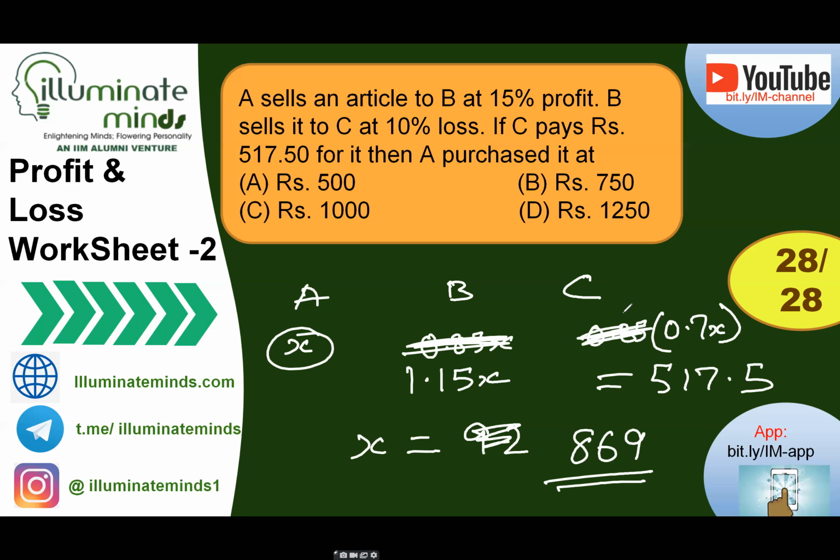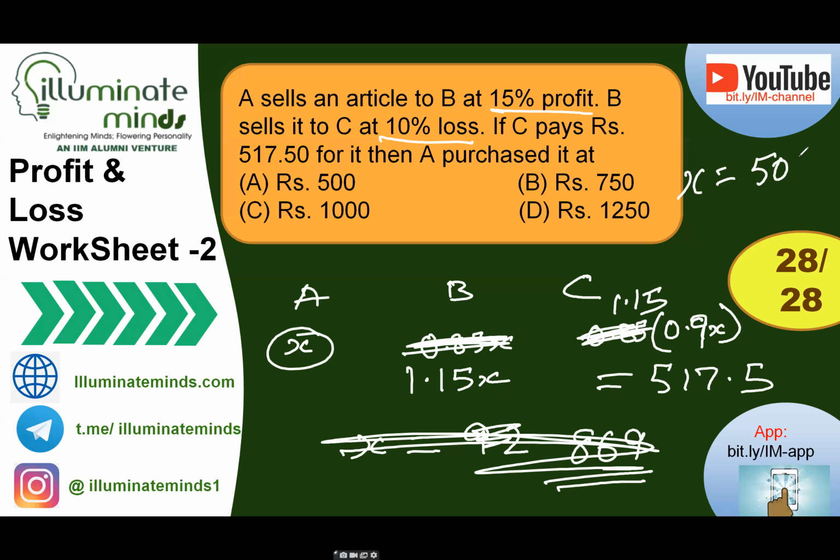This will be 1.15. So x is finally equal to 517.5 divided by, and this is a 10% loss. So I did a lot of writing mistakes. Divided by 0.9, since it's a 10% loss, and 15% profit, divided by 1.15 is equal to 500. So A purchased it at rupees 500. The correct answer. Okay.